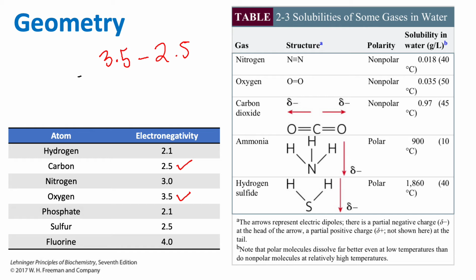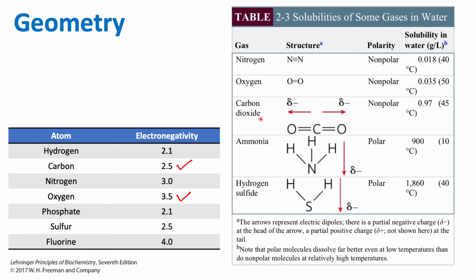So we see this idea of geometry in several other molecules, including nitrogen, which is a diatomic molecule. So nitrogen is always found in a pair, so it's always N2. It also has that linear shape, so it's non-polar because the dipoles are equal and opposite, they cancel out. Same with oxygen gas, it's also non-polar.